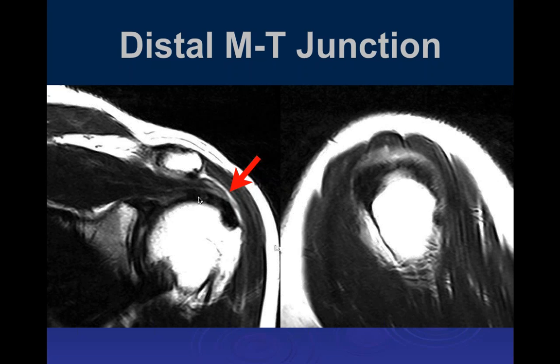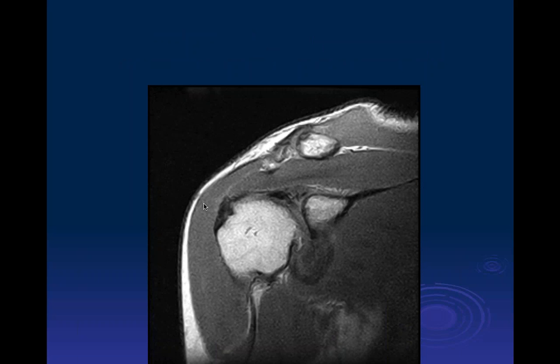And as long as his humerus was abducted, he didn't have any symptoms. So I think this is a real phenomenon, but it's pretty uncommon. But it's just something I think you should be aware of, and that's the distal musculotendinous junction.